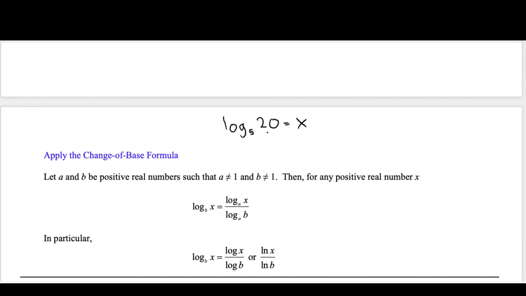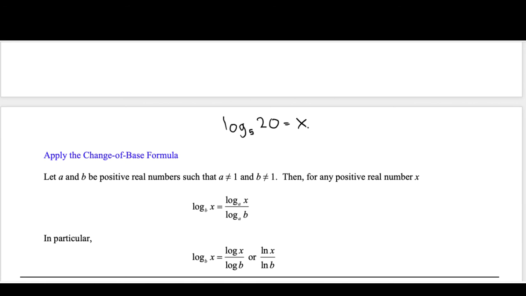Furthermore, most calculators wouldn't necessarily have the ability to do this, because a scientific calculator would have a common logarithm button or a natural logarithm button, right? Base 10 or base e, but not necessarily a way to evaluate a base 5 logarithm. So now that we have some additional tools, some other properties of logarithms, we can actually find a way to evaluate this.